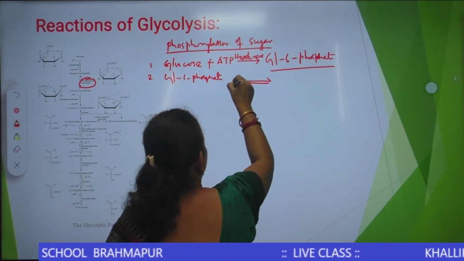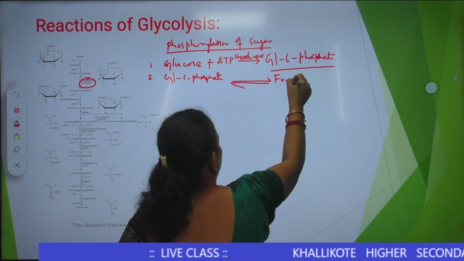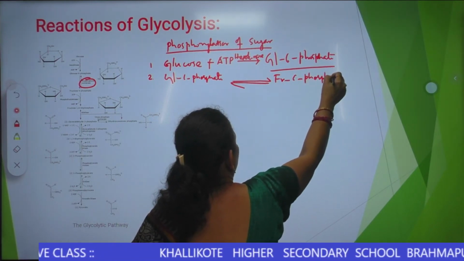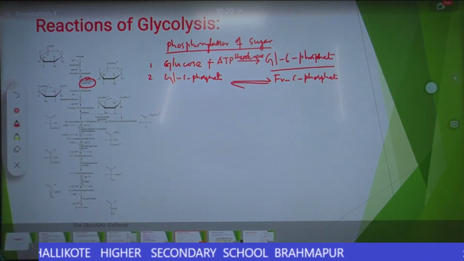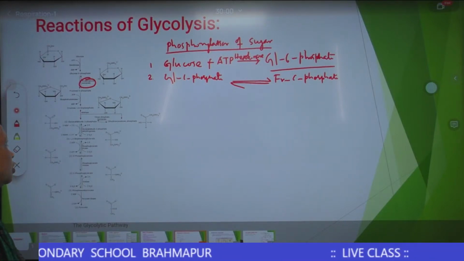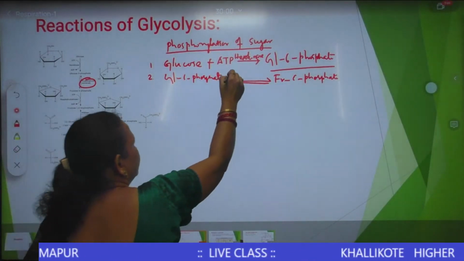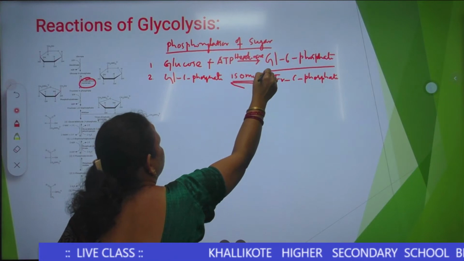So, this is an isomerization reaction, giving fructose 6 phosphate. The enzyme will be phosphoglucoisomerase. So, here basically the enzyme is an isomerase.